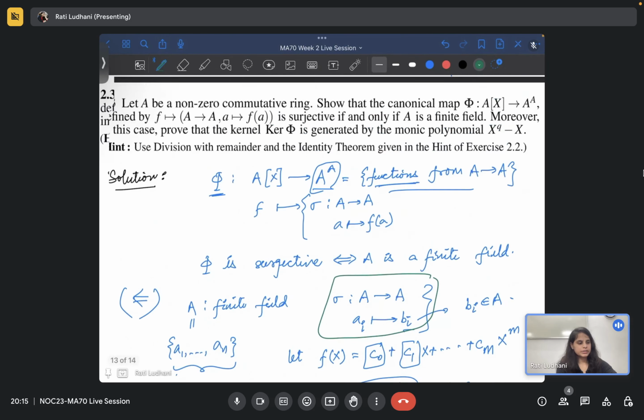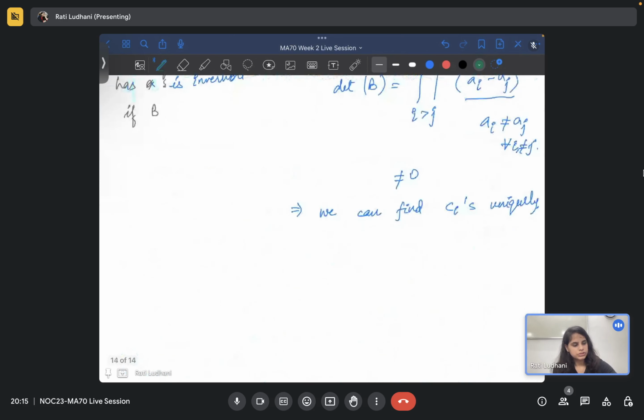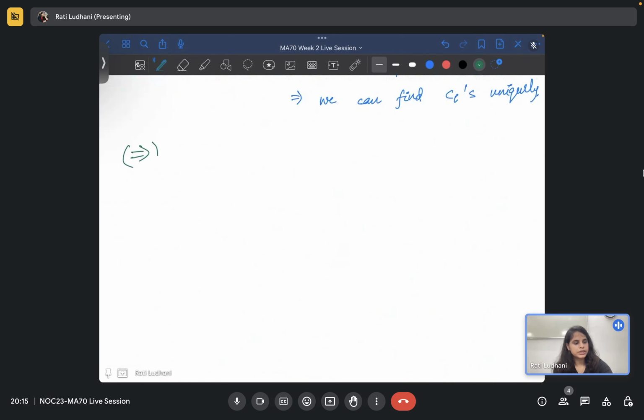For the other side, you can try to prove that if A is an infinite field, then also you cannot do that. That you can actually easily prove; it cannot be possible. You cannot prove that this is surjective. At least produce some function such that you cannot find a pre-image, or cannot find a polynomial to write that function.